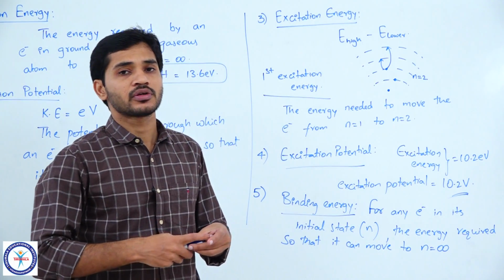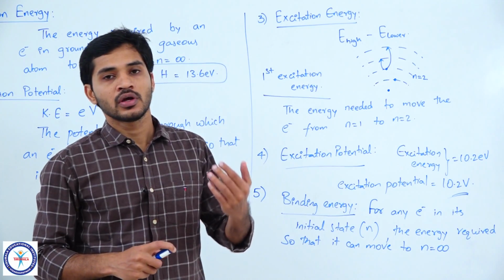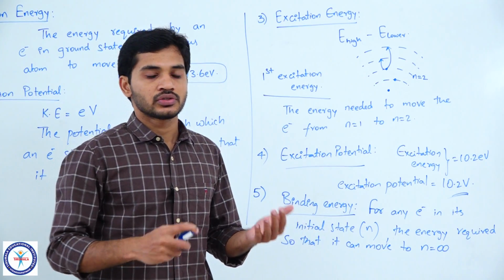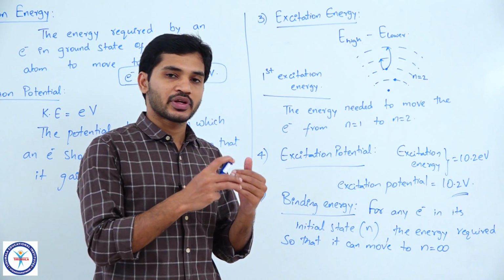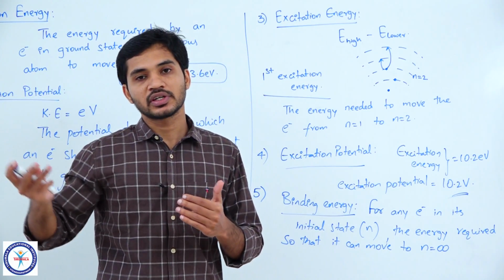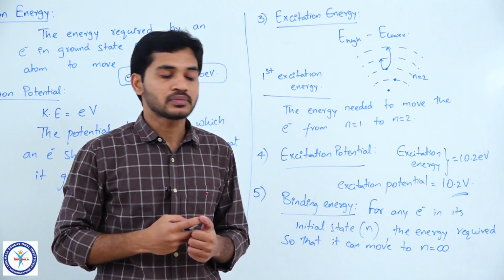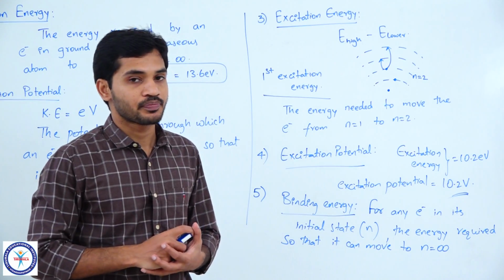So, you can also define binding energy for an electron which is in n equal to 3. Whatever is the energy required to take it from n equal to 3 to n equal to infinity, completely removing it from the atom, is what we call binding energy, right.